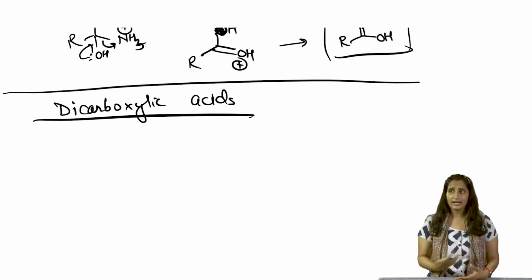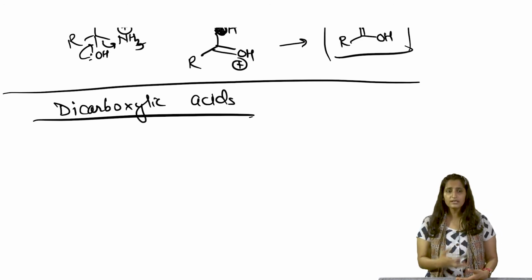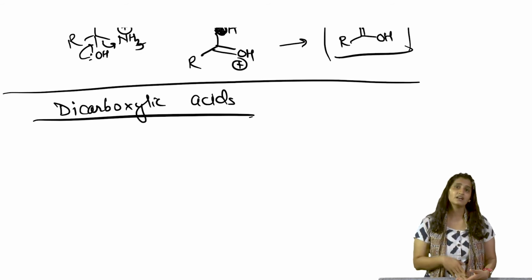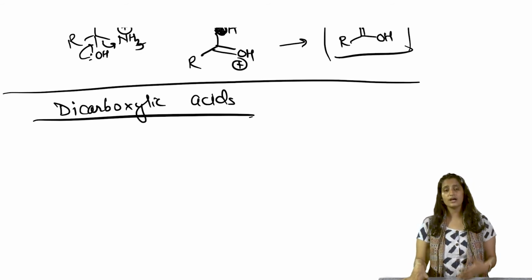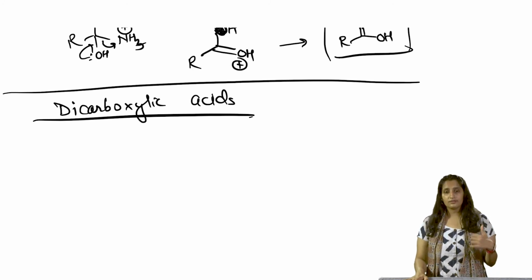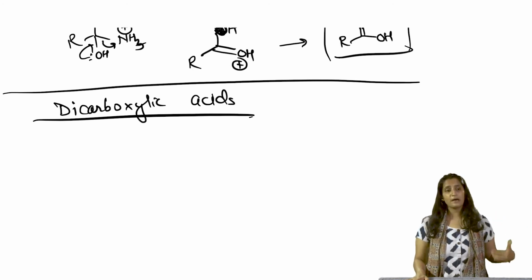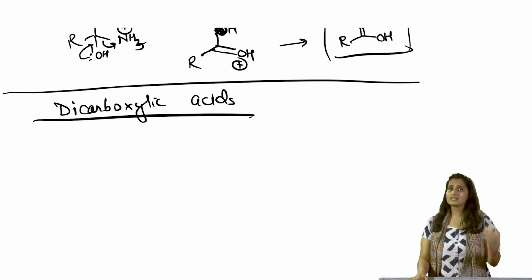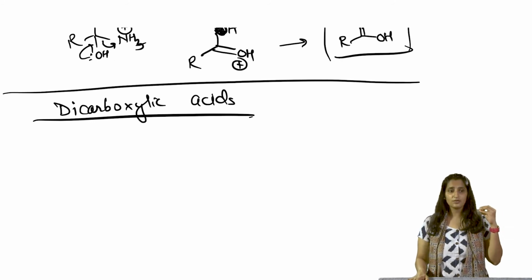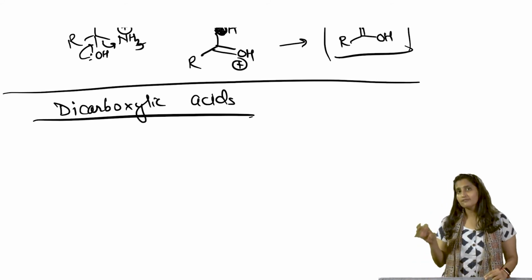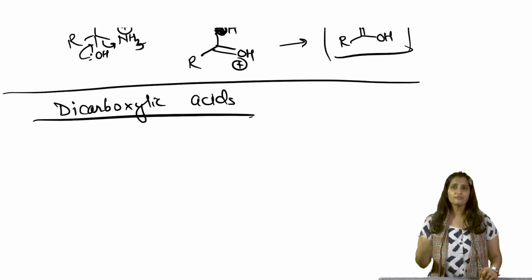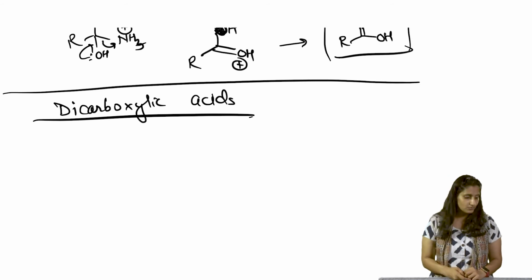Having said that, the dicarboxylic acids are important in most biological processes as well as in industrial processes. They are required in order to manufacture various dyes, various chemicals, various paints and pigments. They are really important from that aspect, and there is a lot of commercial application for these molecules.